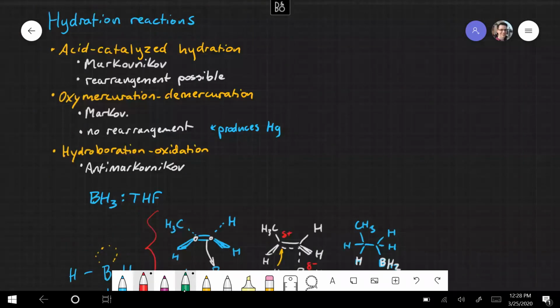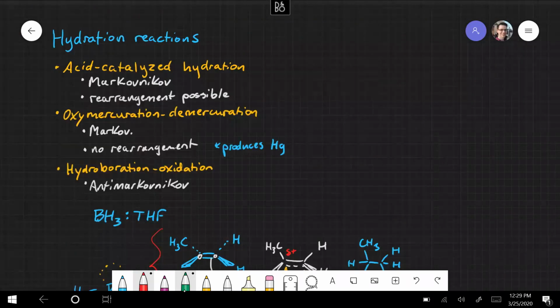So I'm just going to go back to the beginning so you can see there's three hydration reactions. The first two, acid catalyzed and oxymercuration, both followed Markovnikov's rule, with the notable difference being acid catalyzed allows for rearrangement. This new reaction, hydroboration-oxidation, is anti-Markovnikov. It does not allow for rearrangement. There's no carbocation that forms.